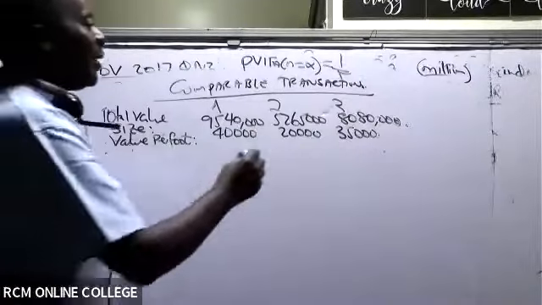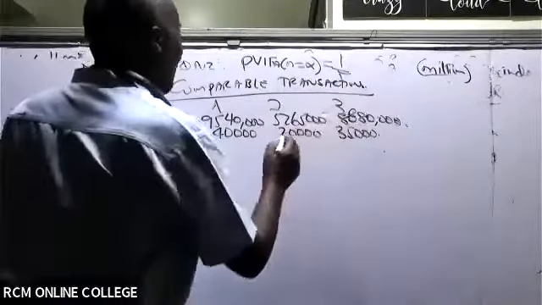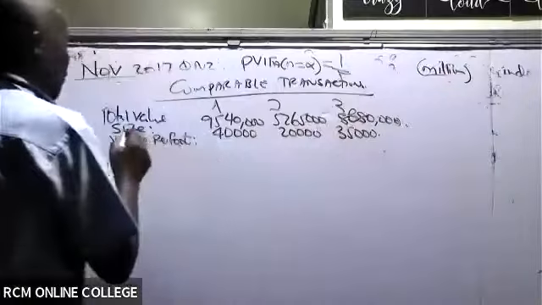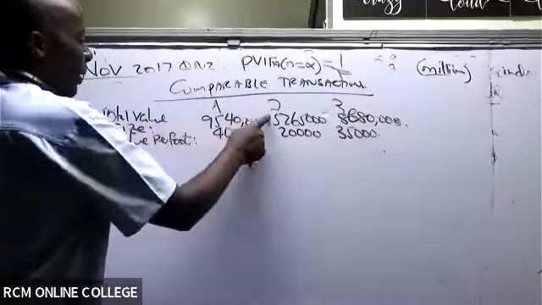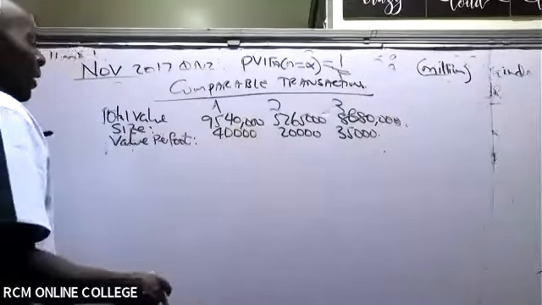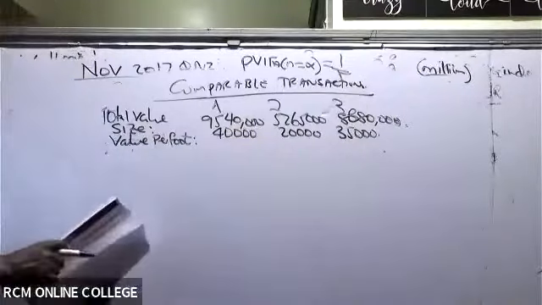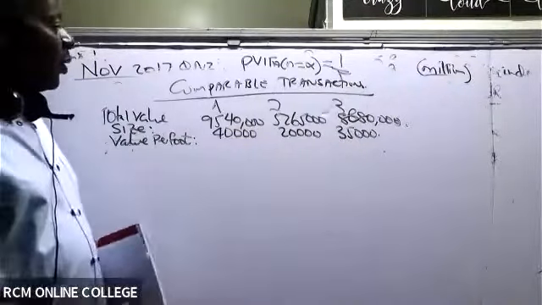88, great, 88. So then come there and write, in this case here, value per foot. So you take the size, so you take this divided by 40,000. Please give me this figure. Value per foot, already we have this. It's just about dividing.